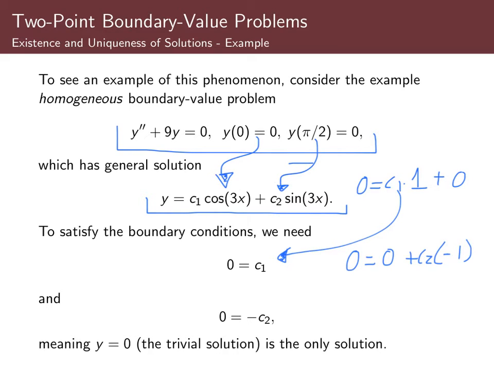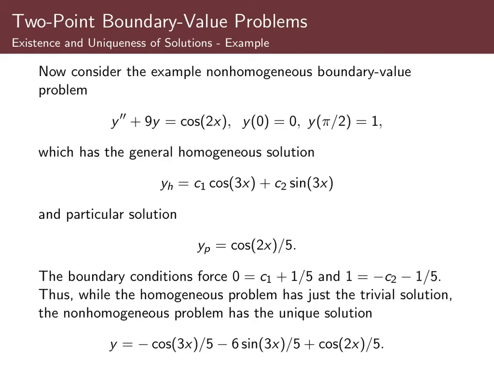This implies that c2 also needs to be 0, which means that our only solution is the trivial solution, y equals 0. So this homogeneous boundary value problem had just the 0 solution.